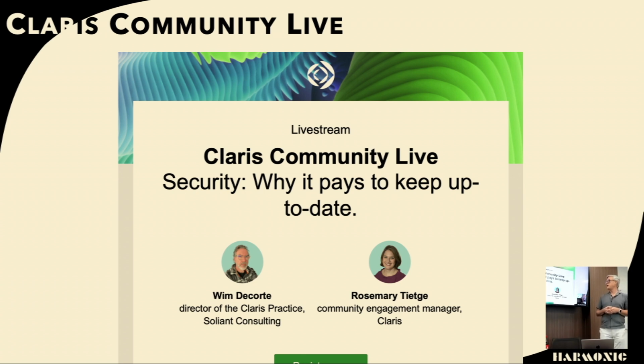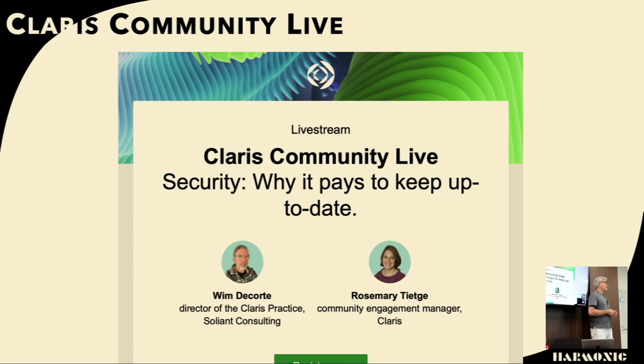And then following on that, next Thursday, Wim DeCourt is going to be giving the third session along with Rosemary about why it pays to keep up to date. There's been some chatter and concern in the community lately about a security compromise that was found with older versions of FileMaker. And that compromise has been addressed in the latest releases of 19 and 2023. It was a reminder to us at Harmonic that we need to keep our customers up to date.